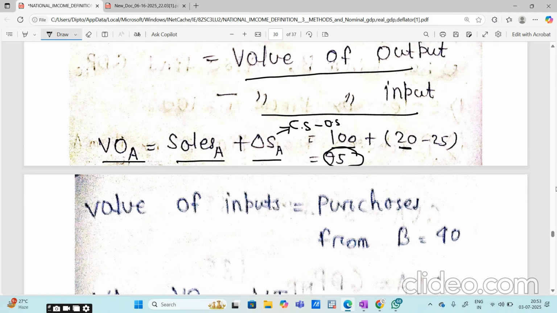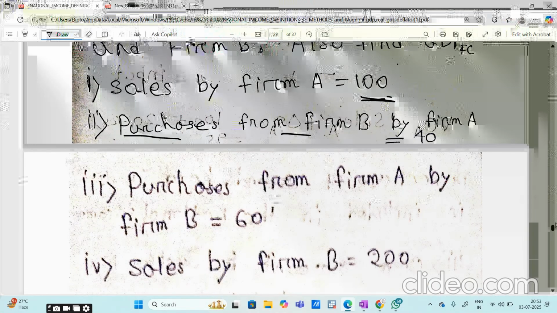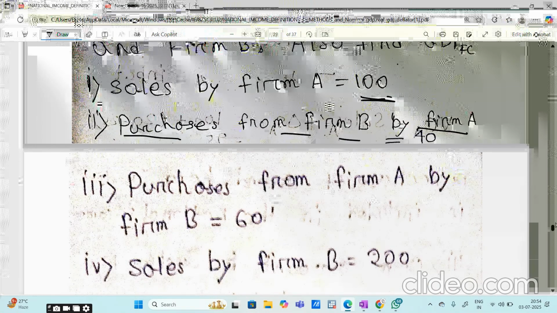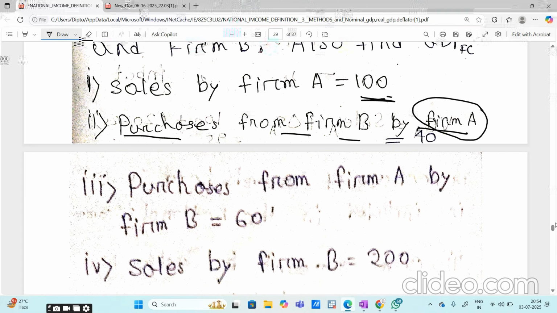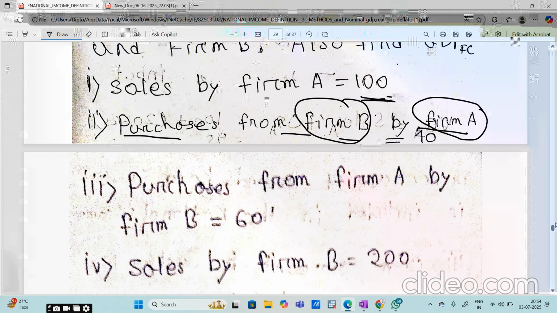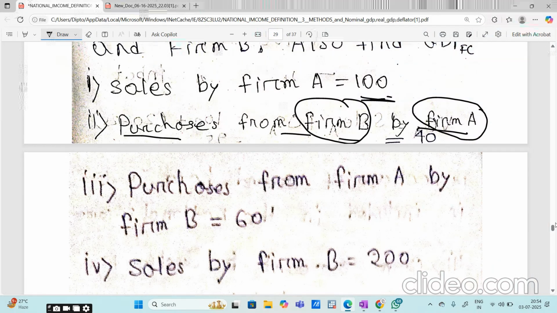Now let me show you value of input. Purchases from farm B by farm A. Farm A has purchased from whom? From farm B. So this purchase is done by farm A, and it is basically the cost of input of farm A. So that is 40 rupees.